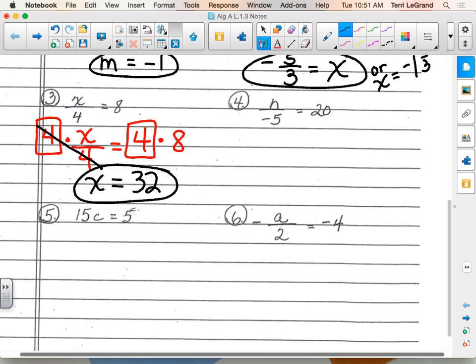They're going to look a lot more complicated.